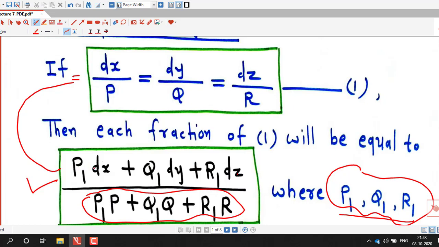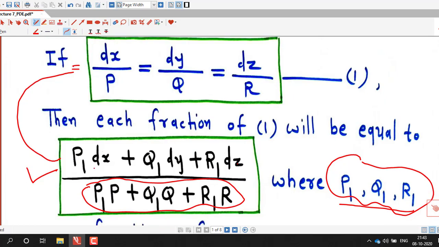So if we are able to find multipliers p1, q1, r1 such that the denominator p1 into p plus q1 into q plus r1 into r becomes 0, then we can put the numerator equal to 0, and after integrating we are able to find the first solution.